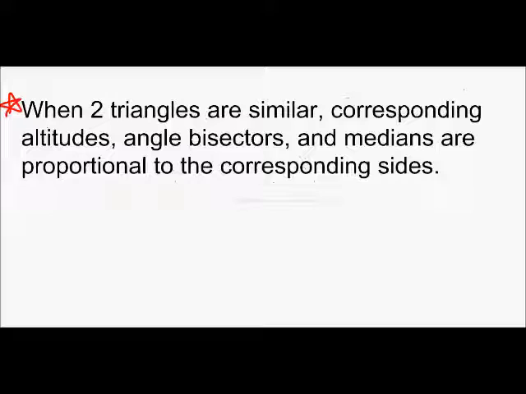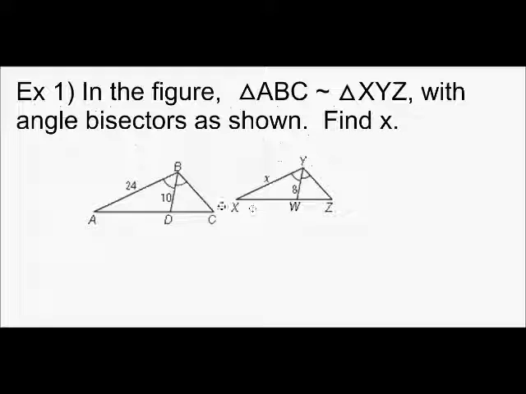Since we've just established that the altitudes, angle bisectors, and medians are proportional to the corresponding sides, we can set up a proportion. I can say 24 over x equals 10 over 8, because I have 2 segments here for my angle bisectors, and I have the side lengths, so I have my proportion.